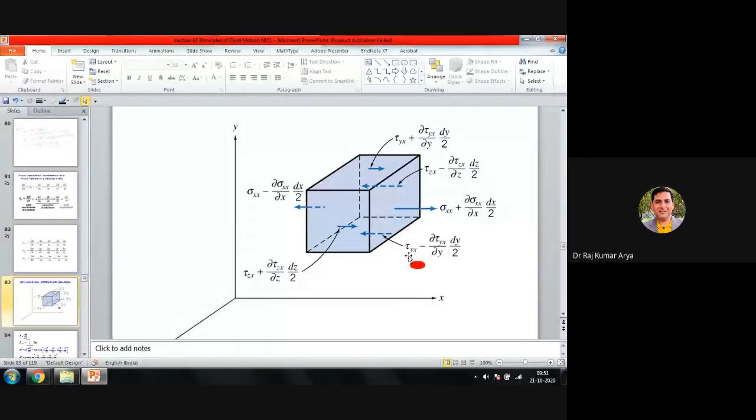So your plane is y. Now you want to do the balance only in the x direction, so your direction is x. Therefore you wrote tau yx, either for bottom or for top. Is that fine?